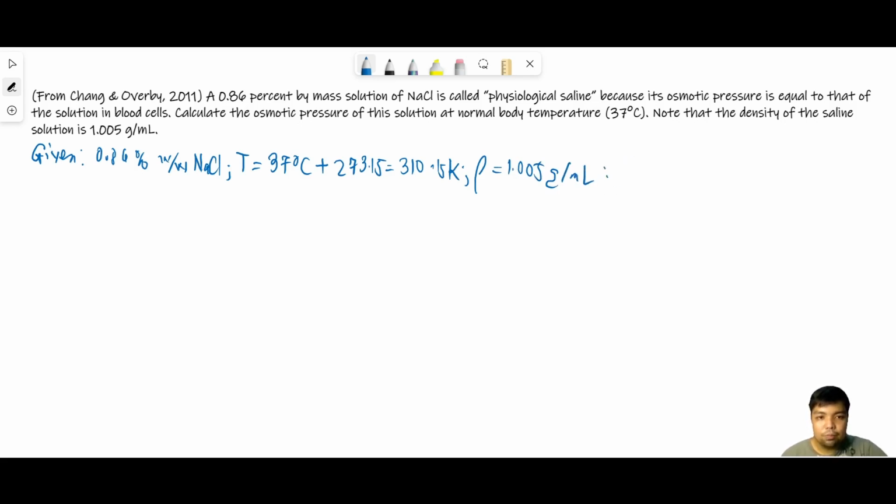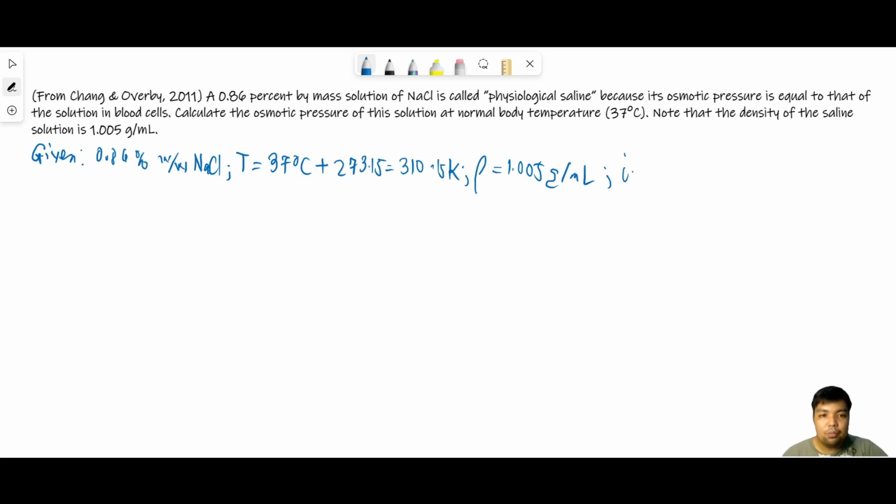And we know that since sodium chloride is a strong electrolyte, it dissociates into its respective ions in solution, which is sodium cation and chloride anion, so it will produce 2 ions.